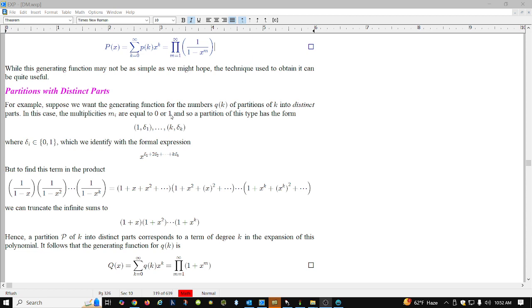And so a partition of this type is going to have this form where the deltas, delta sub i, are either 0 or 1, the multiplicities. And that gets identified just as it did before. This is setting this equal to k is the multiplicity equation. I've just changed the m's to deltas because I want to make it crystal clear the multiplicities are either 0 or 1.